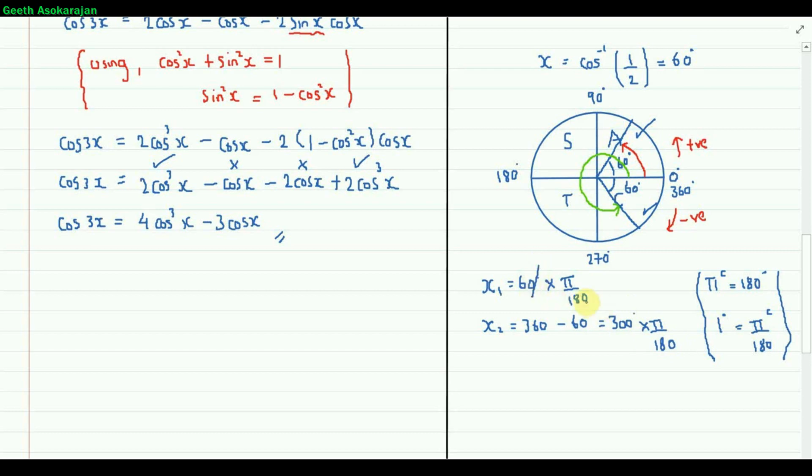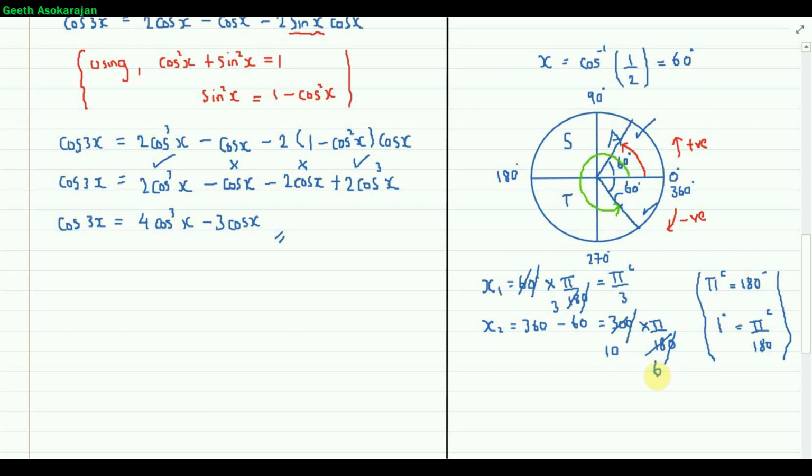I can cancel these two zeros as far as the first solution is concerned. Cancelling the 6 with the 18, it goes 3 times. The first solution in terms of pi is pi over 3. I can do some cancellation here. I can cancel the zeros firstly, and let's have a look. 3 goes into 18 6 times, 3 goes into 30 10 times.